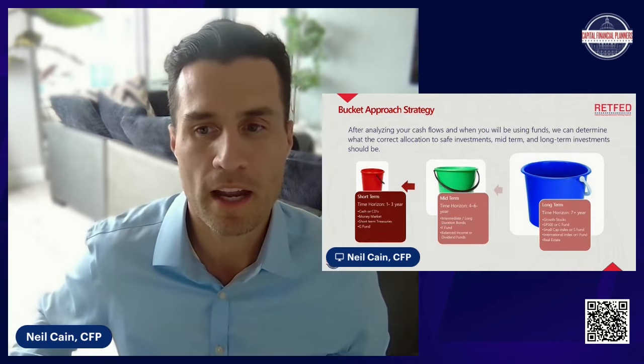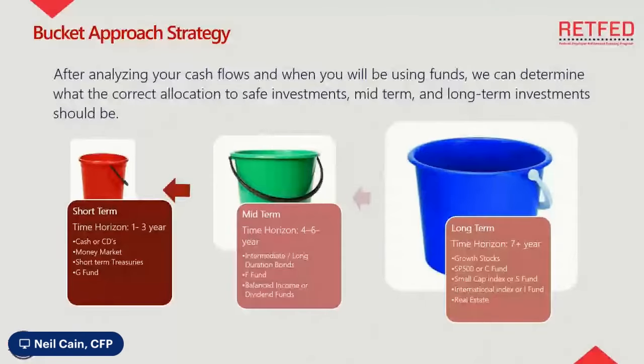So the bucket strategy, again, is something that you're creating to address your cash flow needs in retirement, right? You're creating these different buckets where you're going to pull from these different buckets during different time periods, and anything that you're not going to be utilizing within the first 6, 7 years of your retirement, you're going to really consider this more long term, right?